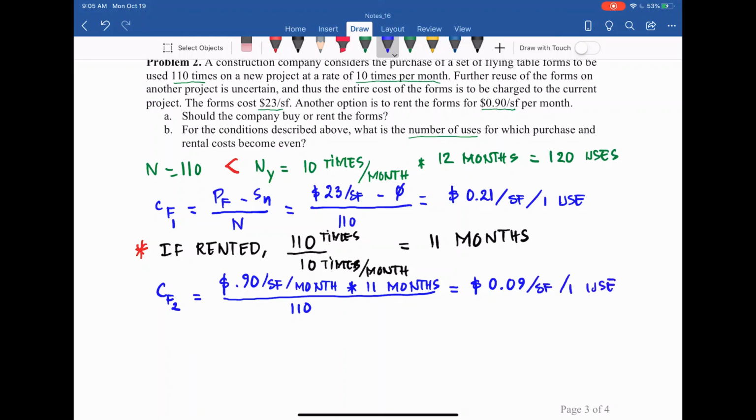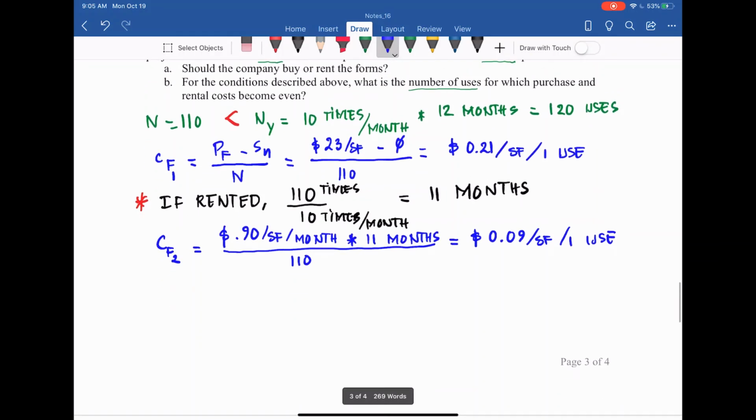So as you can see now, it's the same unit, so we can compare. If you purchase, it is 21 cents per square foot per one use. If you rent, it is 9 cents per square foot per one use, so of course renting is better.